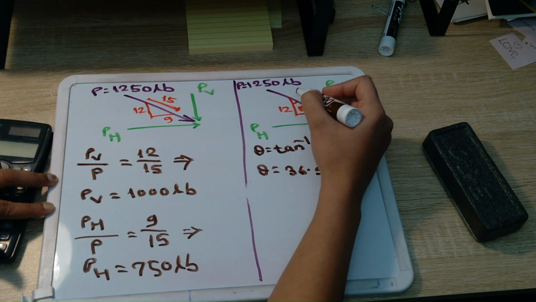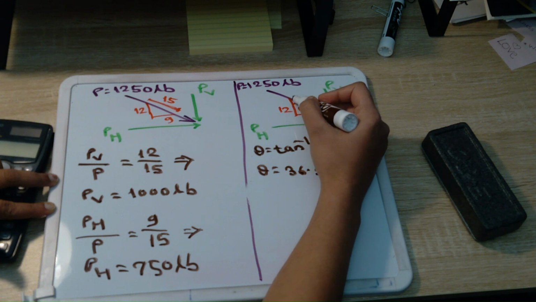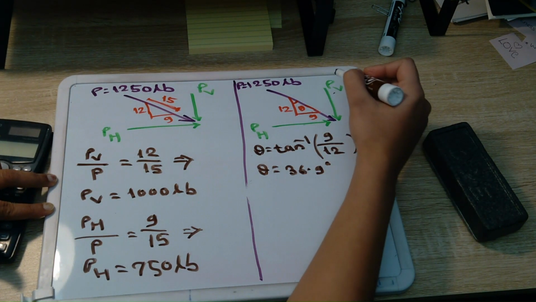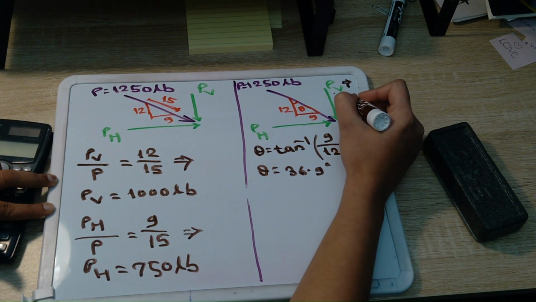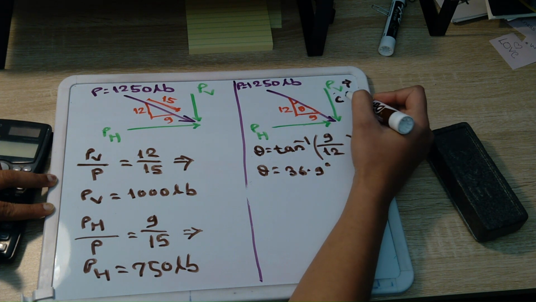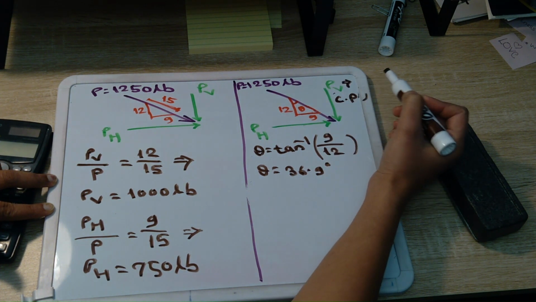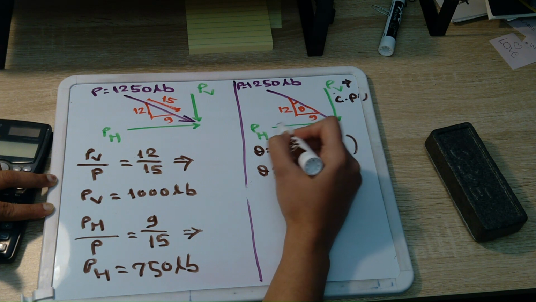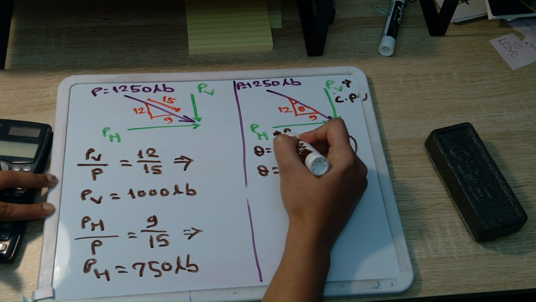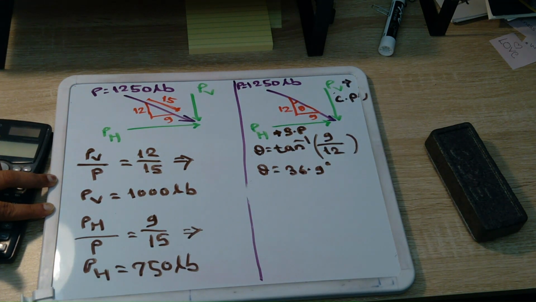Now one trick. We have assumed this theta with vertical axis. So this vertical will be the cos component of this force, and horizontal component will be sine component of this force.